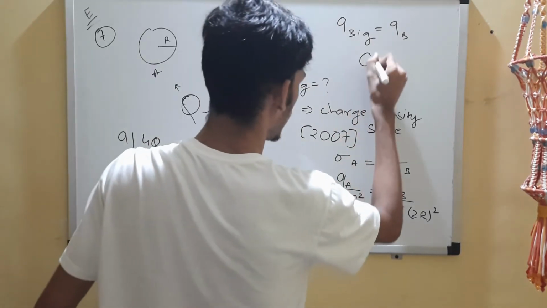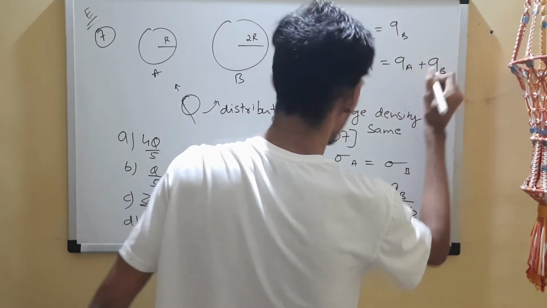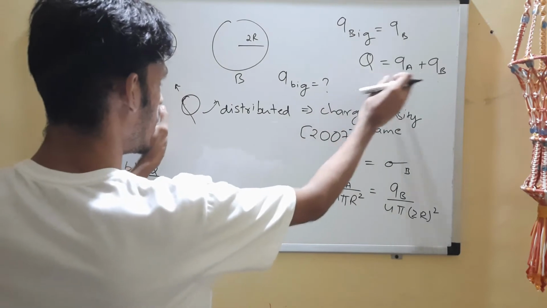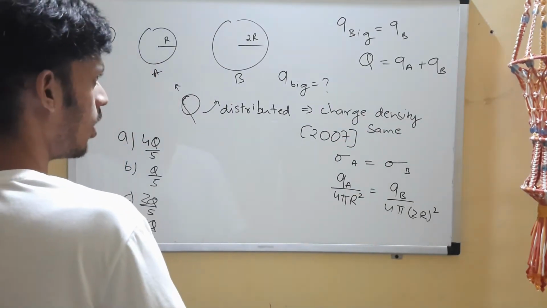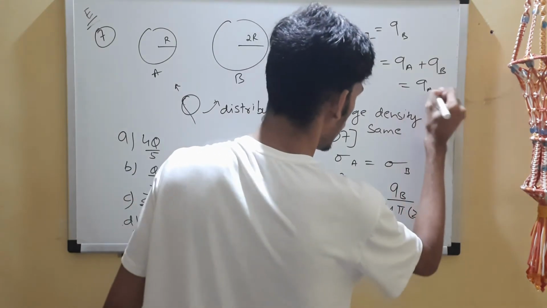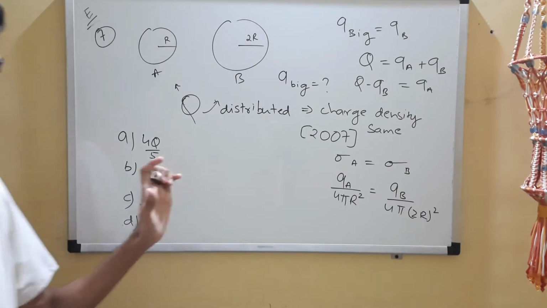I can write Q as QA plus QB, and I can write this QA as Q minus QB. I hope that is clear.